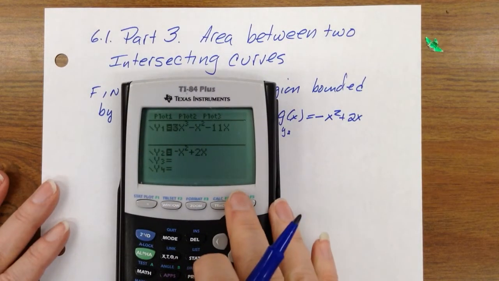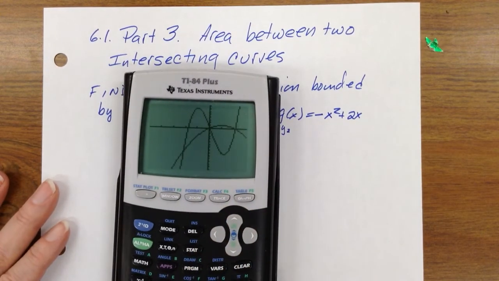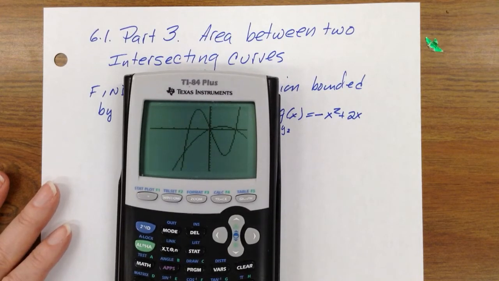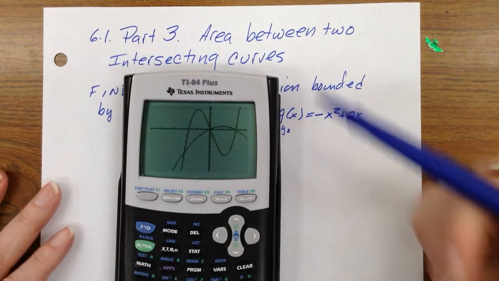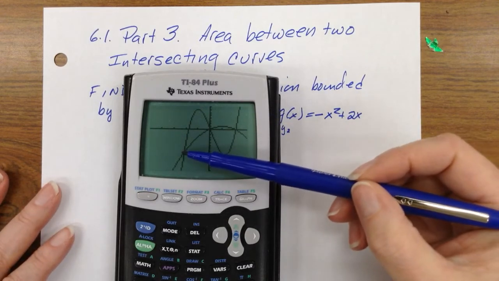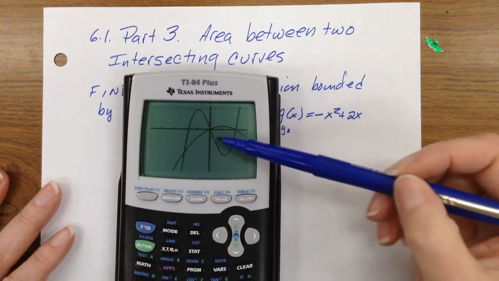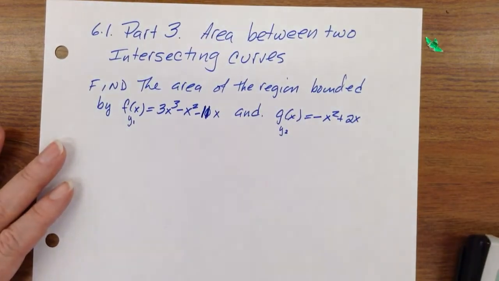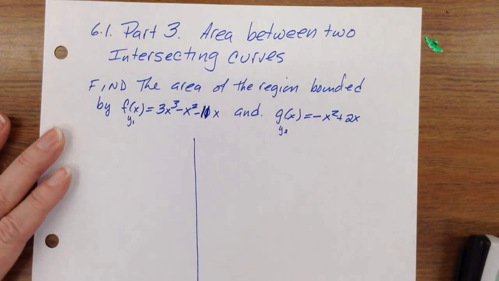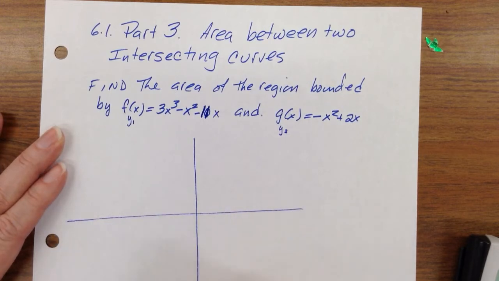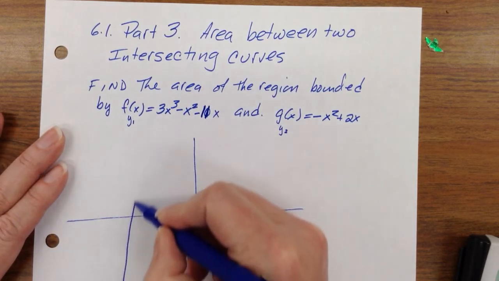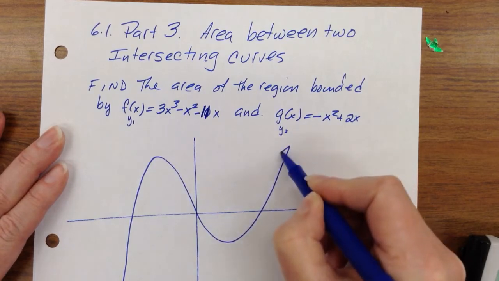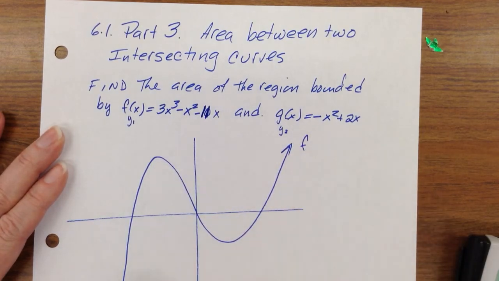I've graphed them up, and I've already set a window so that I can clearly see the points of intersection and the areas. And immediately we see something very interesting. There are two regions. Let me sketch this for you on paper so we can see it. The F curve, which is a cubic curve, does like so.